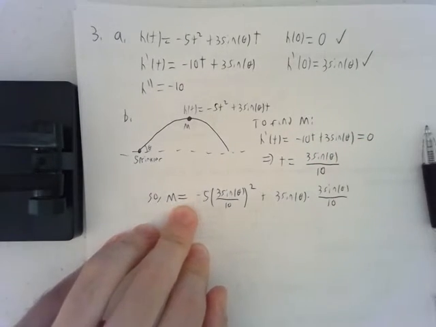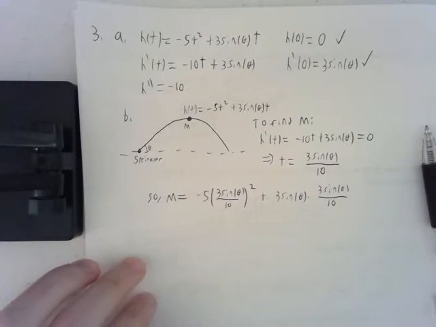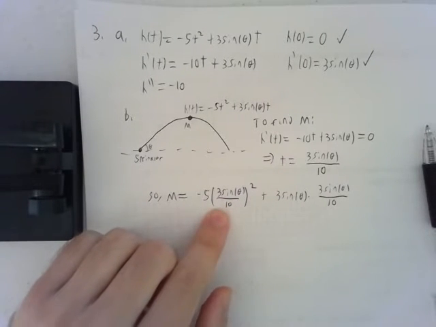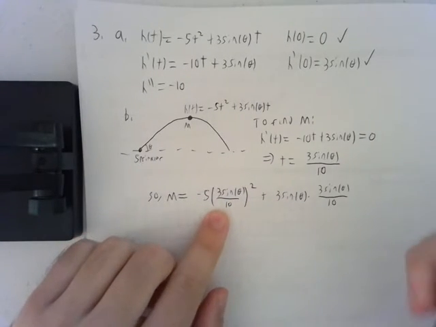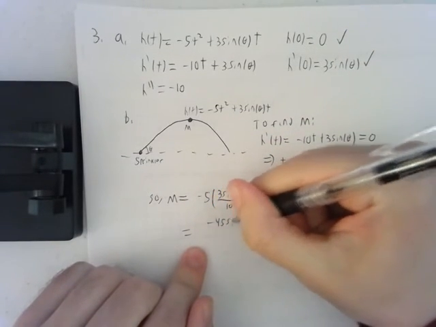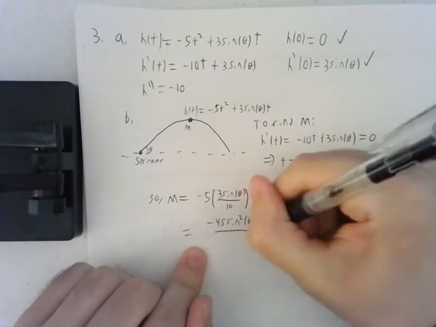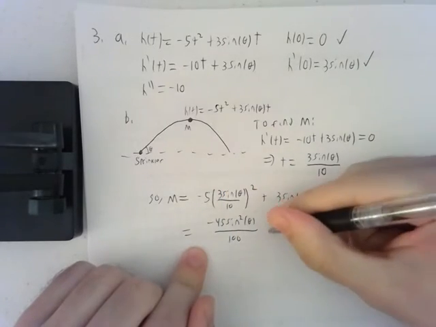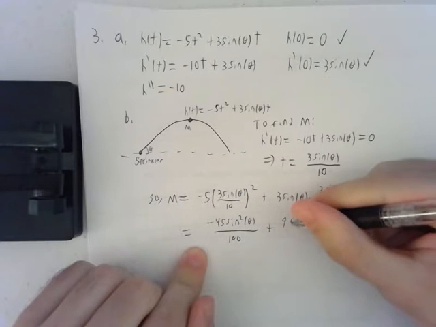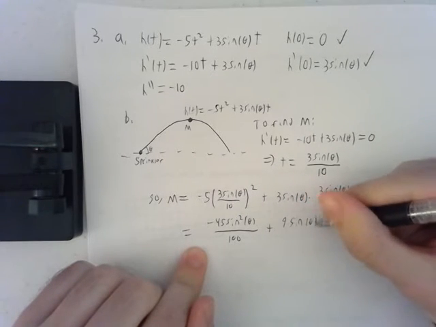And so we can simplify this a bit. When you square this, you get 9 sine squared of theta divided by 100. Multiply by the negative 5, and you get negative 45 sine squared theta divided by 100 plus 9 sine squared theta divided by 10.